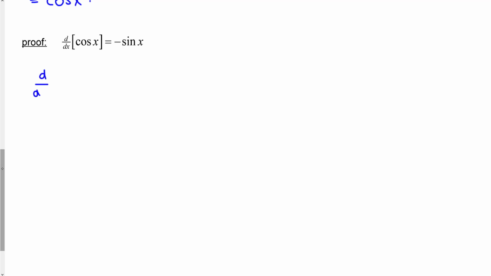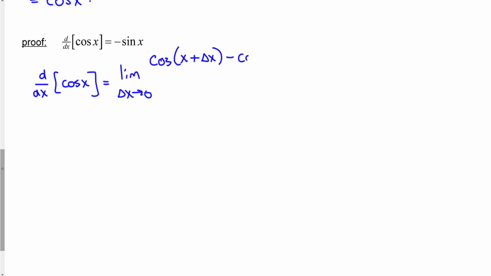So the derivative with respect to x of the function cosine x is going to be the limit as delta x goes to 0 of cosine of x plus delta x minus the cosine of x, all over delta x. And here we use, again, the same sort of formula from trigonometry, except for the sum of angles for cosine.